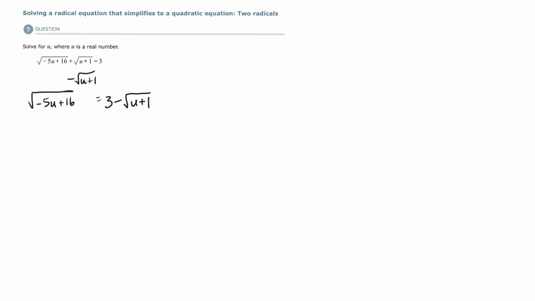Now that we've isolated a radical, we're going to square both sides. And you've got to remember, a minus b quantity squared is: square the first term, then do a times b, double it, and subtract it, and then square the last term. So we get a perfect square trinomial. Let's see what we get here. Negative 5u plus 16, and now we have 9.